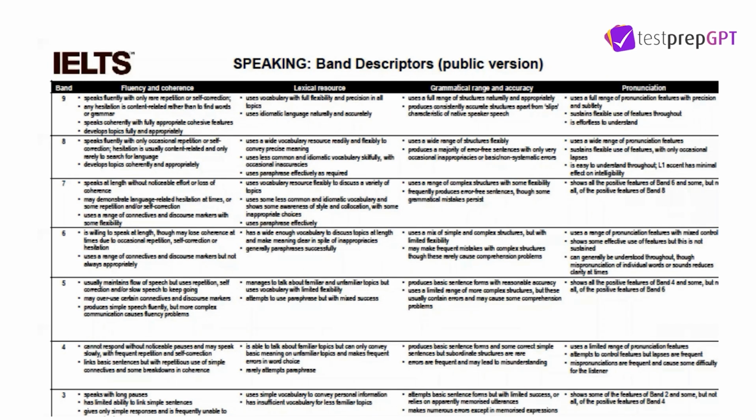In the band descriptors, again, for speaking, it's very clear. For band score 7 and above, you need to be able to improvise at length, to not hesitate so much, to use connectors, that you're able to say things in other ways.